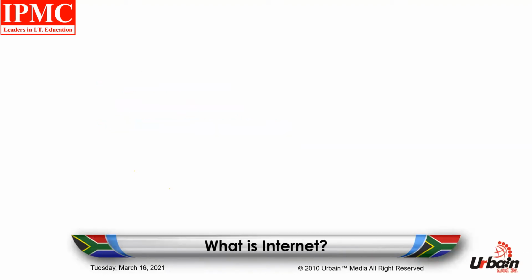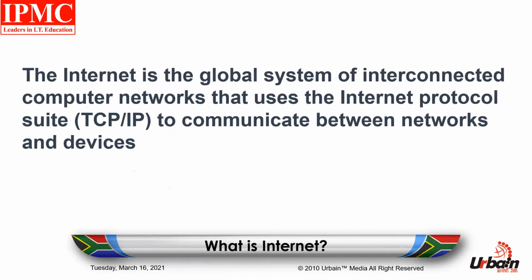Okay, so if I may ask, what is the internet? I know we have a lot of definitions about the internet, but it's good for us to know because anything that you do, at the end of the day you'll be putting on the internet. So you need to know what the internet is. And like you can see here, it is the global system of interconnected computer networks that uses the internet protocol suite.